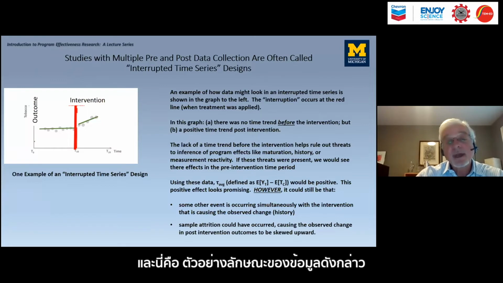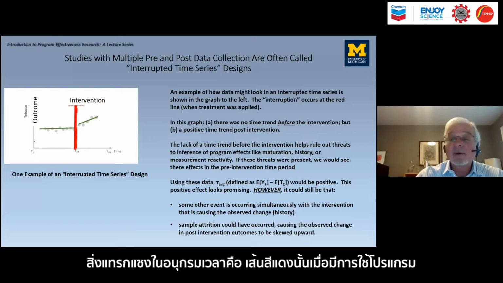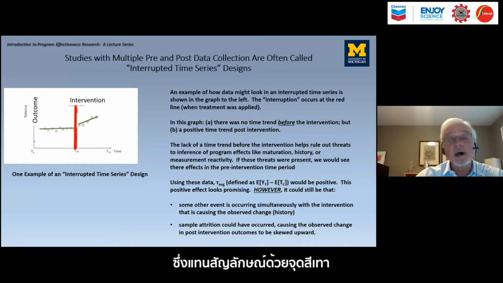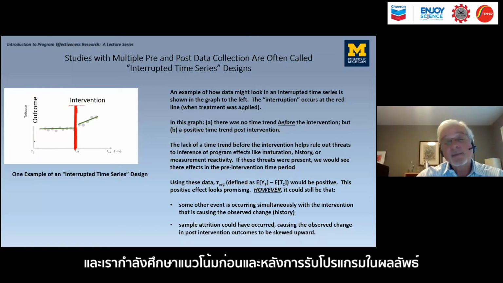And so here's an example of how such data might look. The graph on the left presents that, where the interruption in the time series is that red line where the treatment is applied. It's a time series because we have multiple observation points denoted by those gray dots. We have an interruption, and we're studying pre and post trends in the outcome.